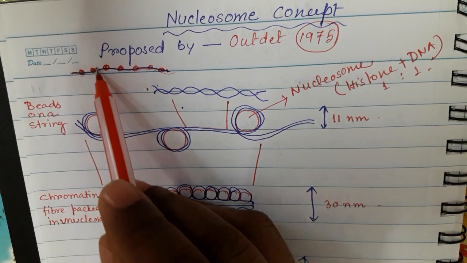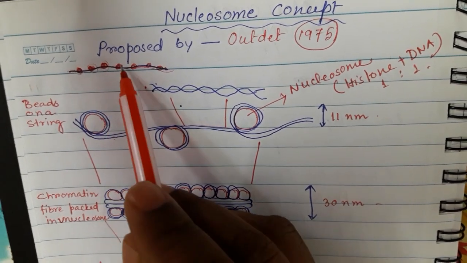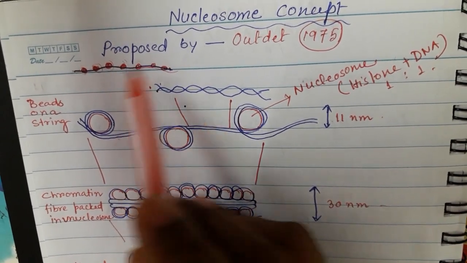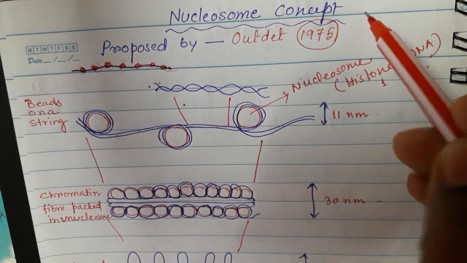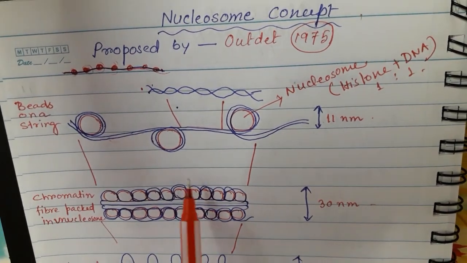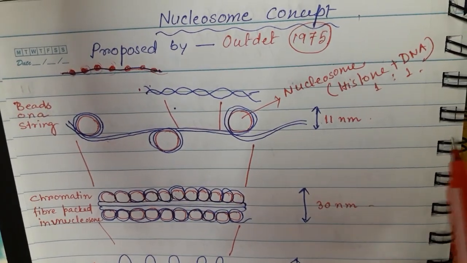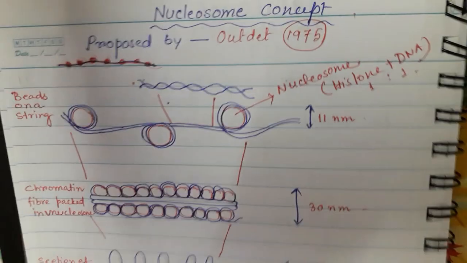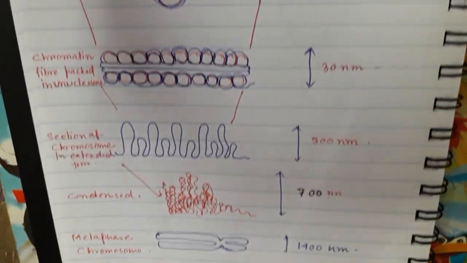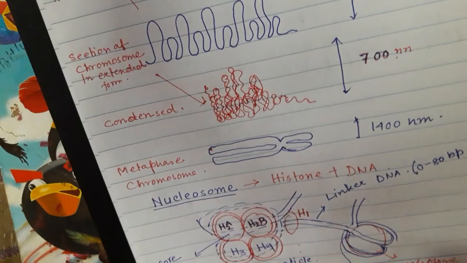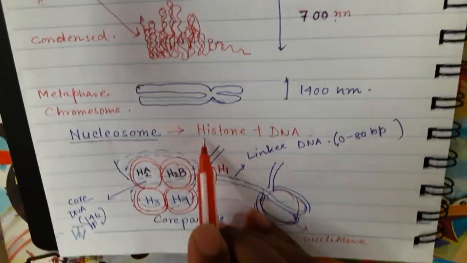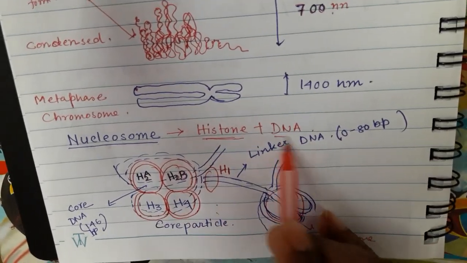These beads are known as nucleosomes. So his concept is known as the nucleosome concept. How are these beads made? This nucleosome is made by histone and DNA.